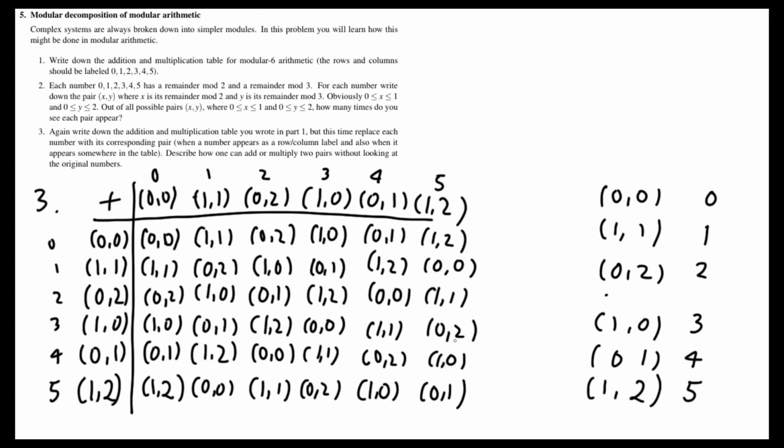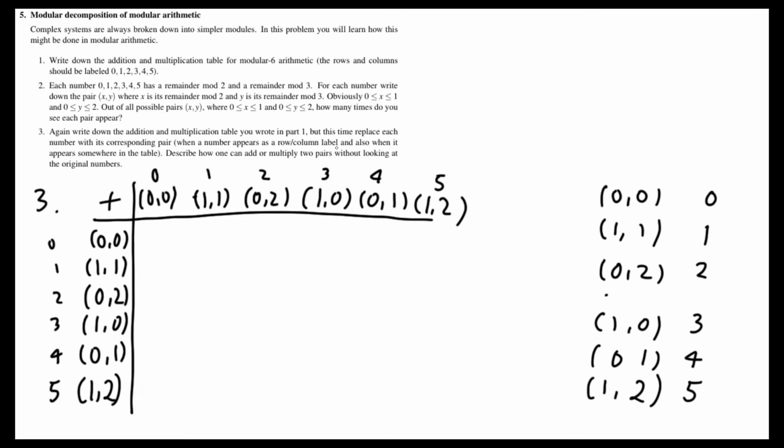And this makes sense because if you take a particular number, the sum of a plus b mod 2 is going to be a mod 2 plus b mod 2. So if you know the remainder mod 2 and mod 3 of the original numbers, then you know the remainder of their sums mod 2 and 3 as well. And we can show that the same works for the multiplication table, where obviously 0 times anything is 0. So these are all 0, the first column.